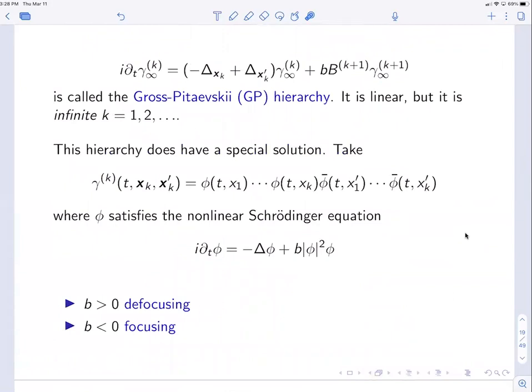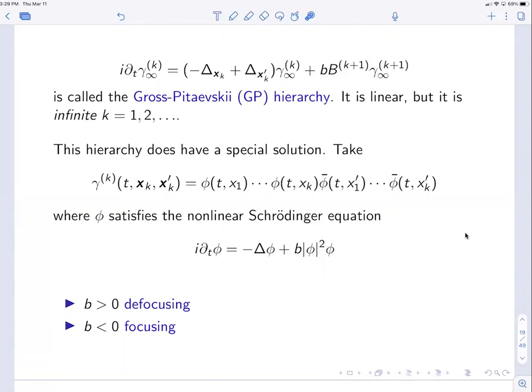We see here that the evolution of the kth component is driven by the k plus first component. That is called the Gross-Pitaevskii hierarchy. It is also linear, but now it is in fact infinite. So instead of going from 1 to n, as was the case for BBGKY, this extends all the way to infinity.